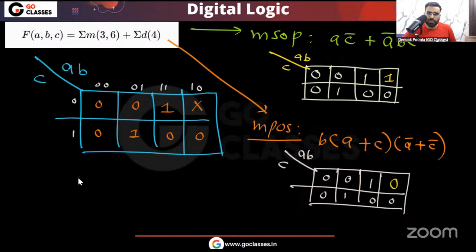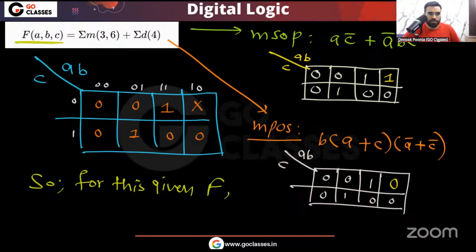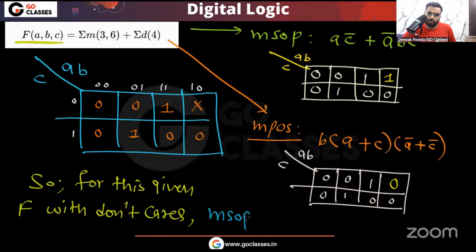Yes or no? So for this given f, because this is a function with don't cares, you can see that the minimal SOP for f is not logically equivalent to the minimal POS for f.